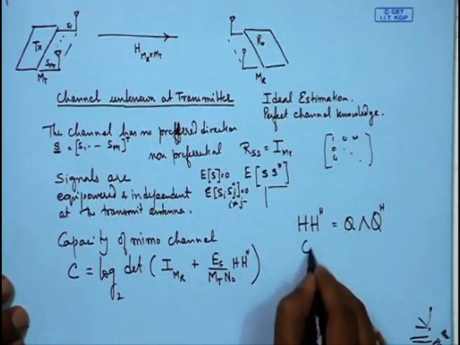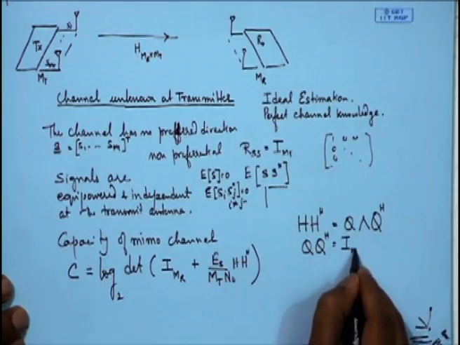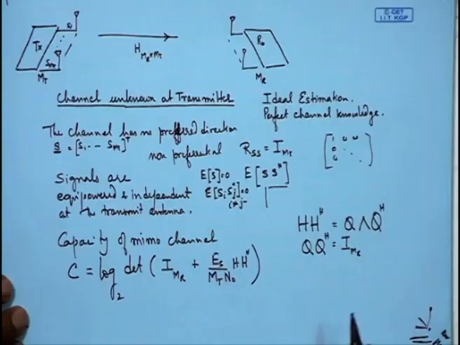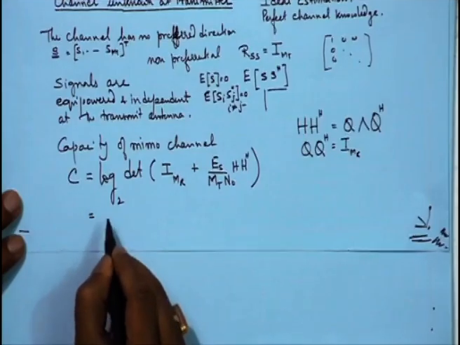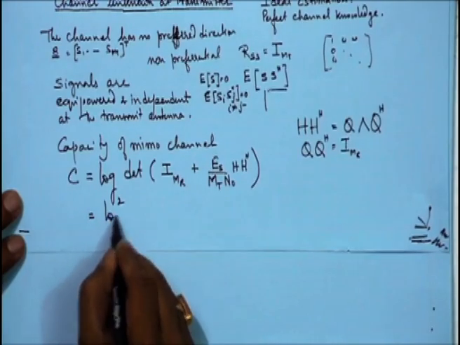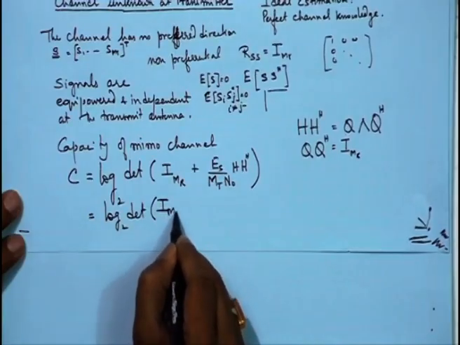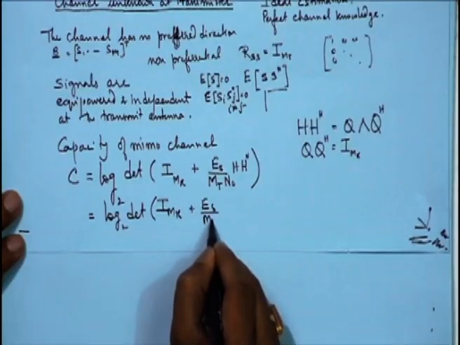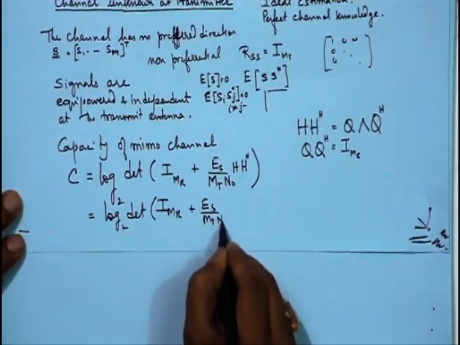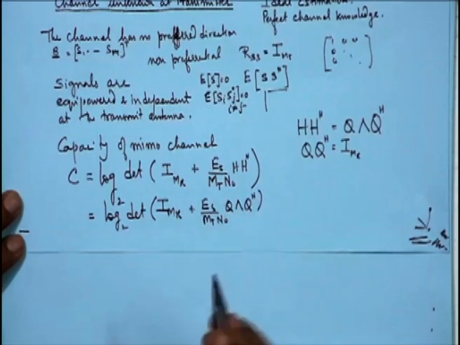And we also have the property that Q Hermitian Q is I MR. So in that case you could rewrite C as log determinant of I MR plus ES upon MT N naught Q lambda Q Hermitian.